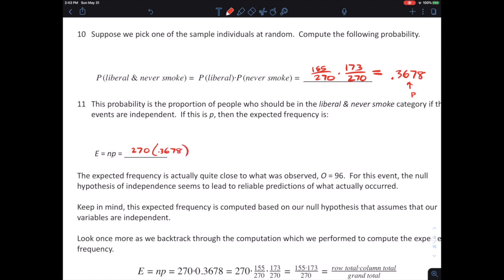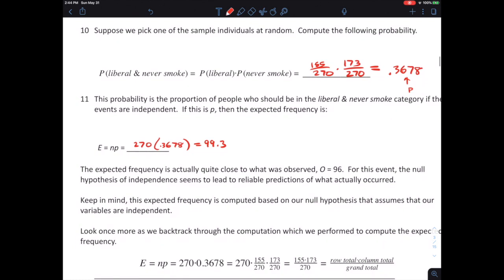Okay. So take a second and do that. Okay, so you should get approximately, I'm just going to round this to 99.3. This is the number of people that we expected would be in the liberal and never smoke category. Okay, that's called the expected frequency.